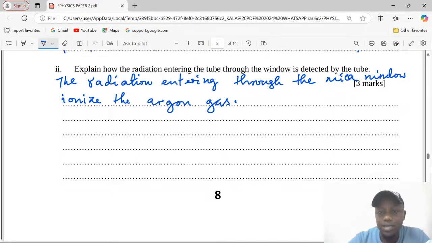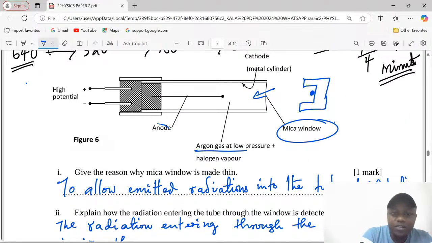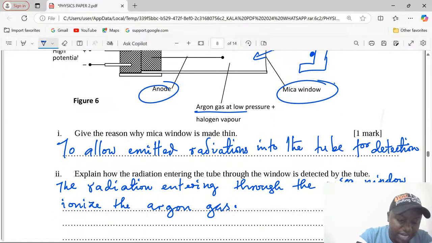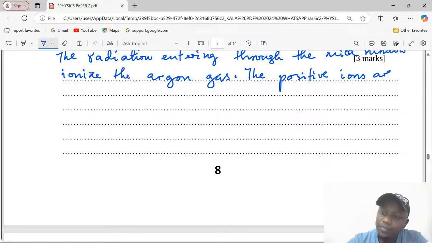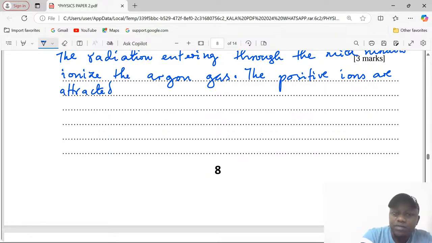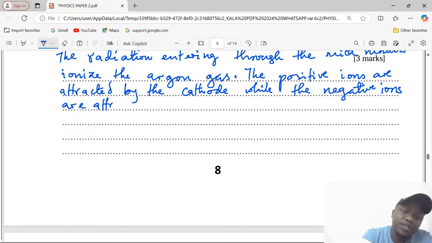After that, we have the positive ions attracted by the cathode, they move to the cathode, while the negative ions are attracted by the anode.